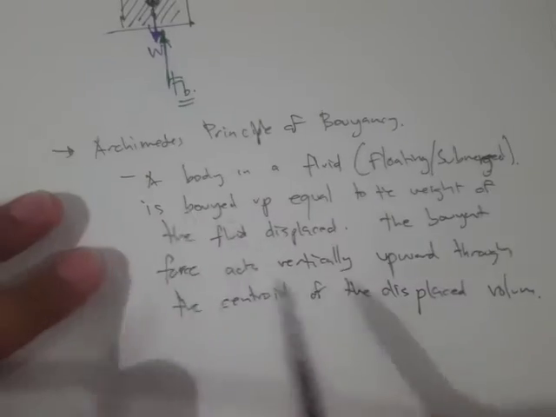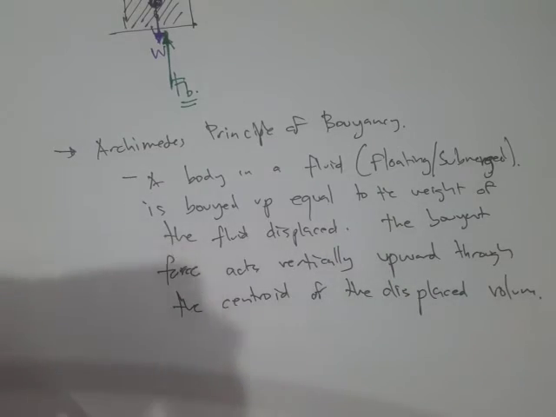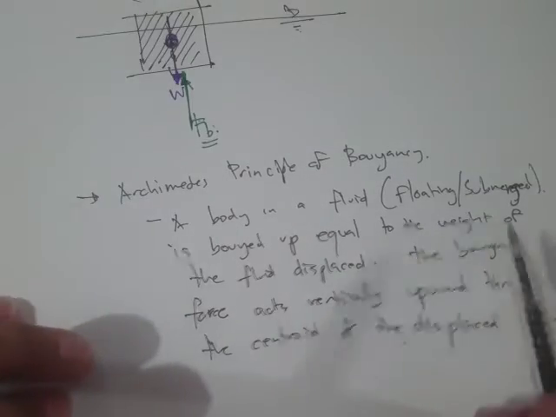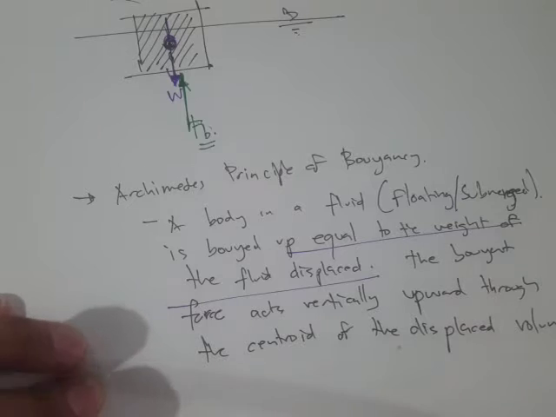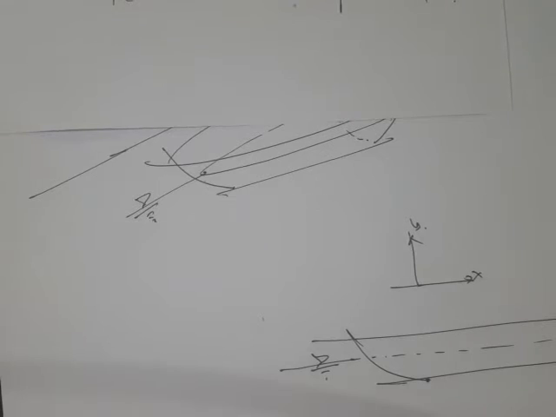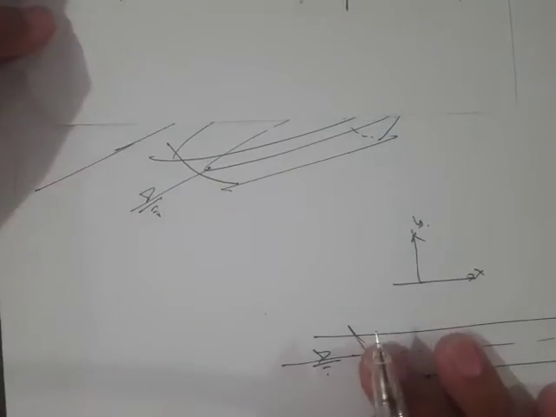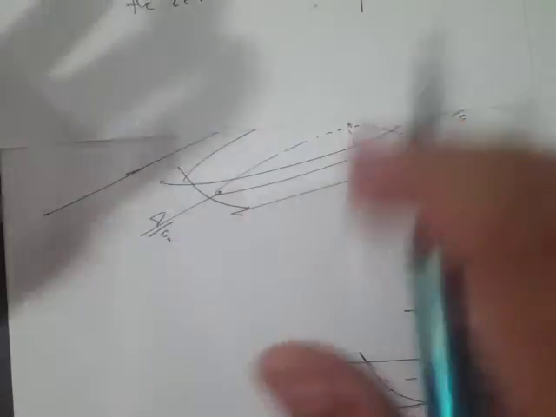It says in Archimedes' principle that the value or magnitude of this buoyant force is equal to the weight of the fluid that's displaced. When you put a solid in a region of fluid, that solid will actually occupy some volume.